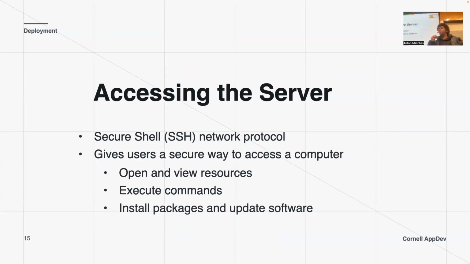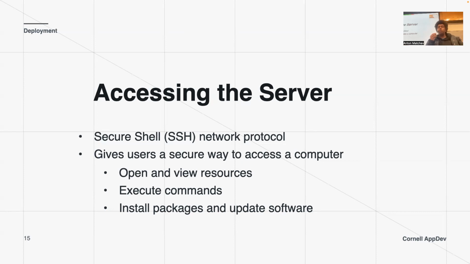So let's say you have your server, you made a virtual machine on Google Cloud, but how do you actually access it and use it on your computer? The way you connect to your virtual machine on Google Cloud is through a protocol called Secure Shell, also said SSH.